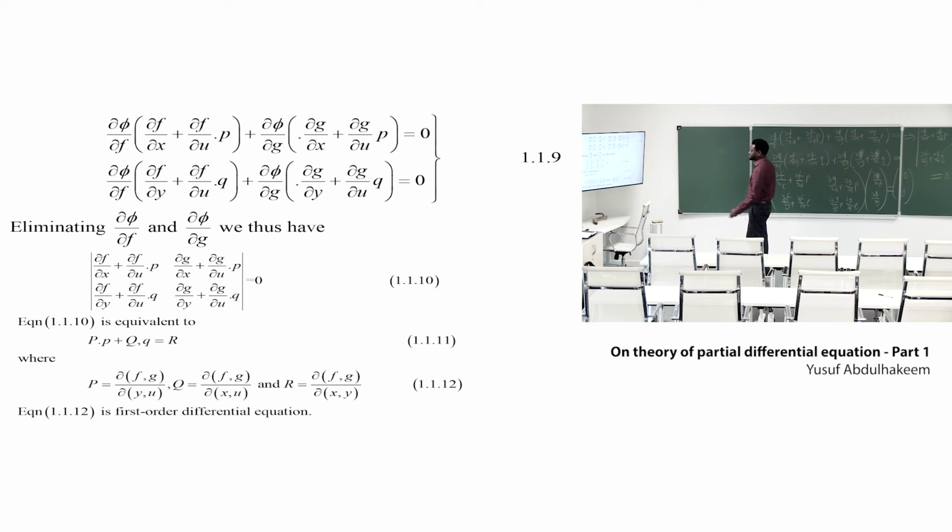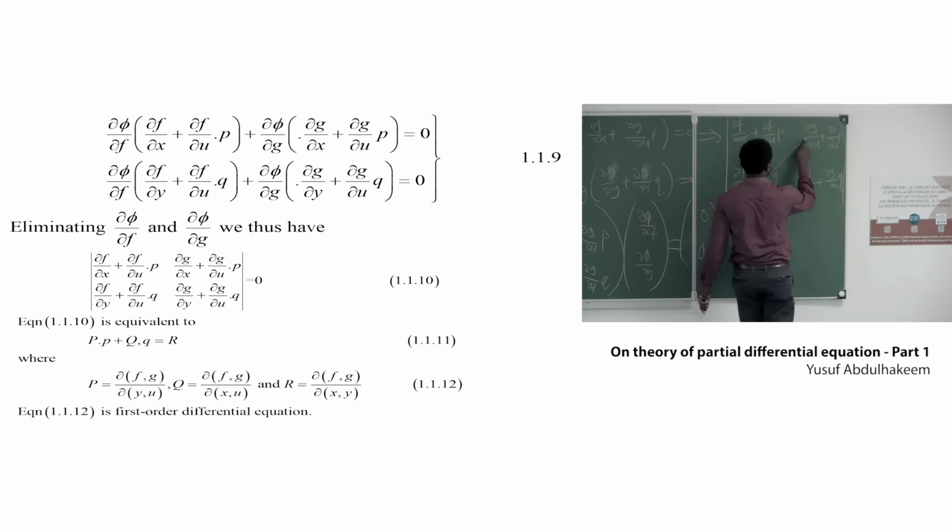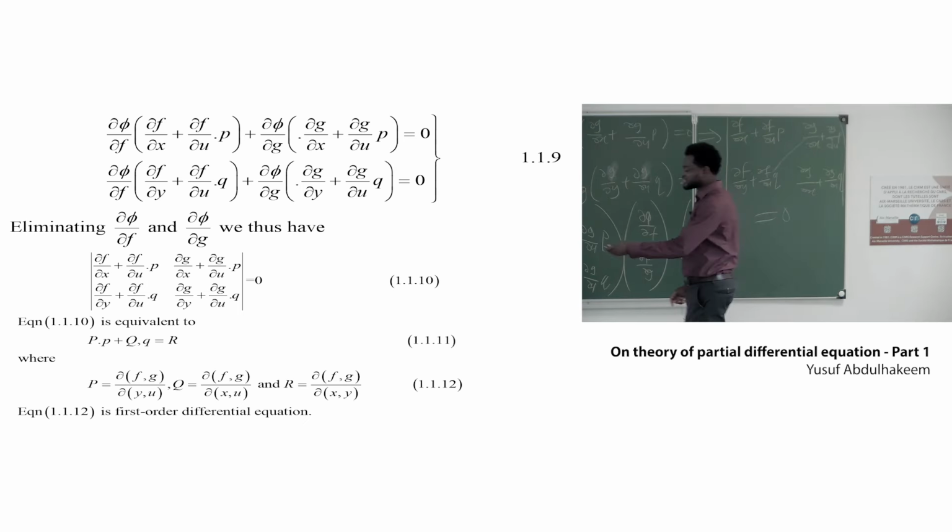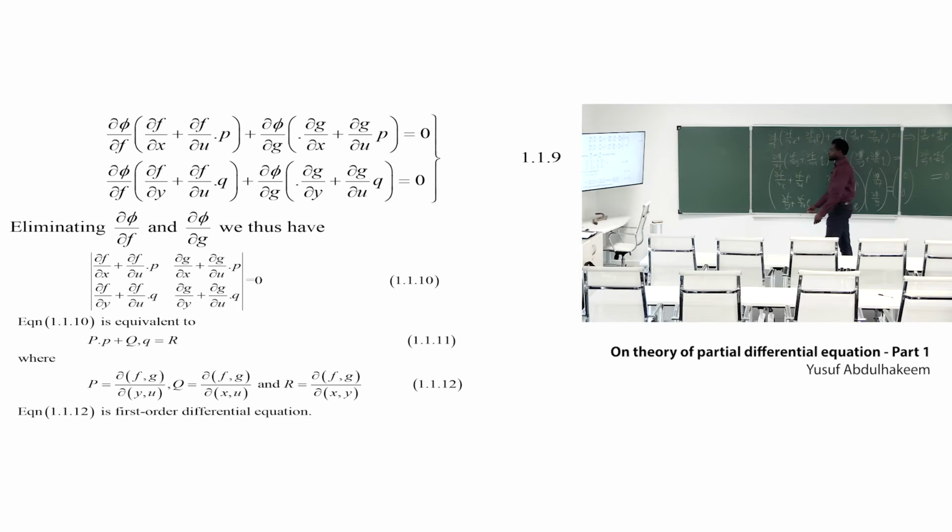We can actually take the determinant of this and equate everything to 0 so that we can see how we are going to obtain our equation in 1.1.11. So what are we saying in essence?